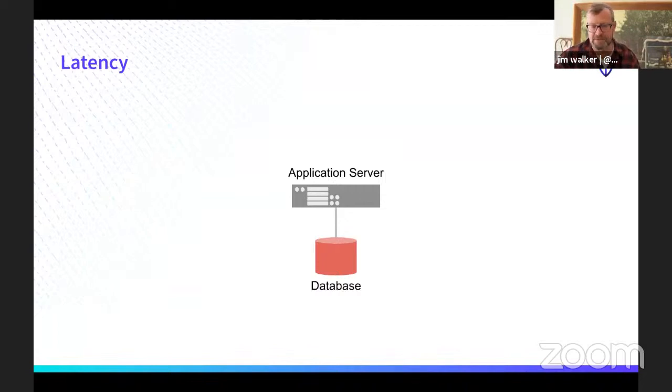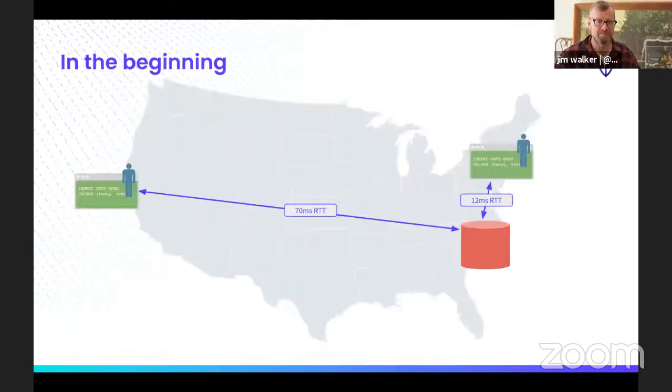It is physics, y'all. It's a constant. And this comes into play when you start to have users all over the place. So if I'm logging in from San Francisco or New York, and I have my database in US East, I'm getting a 12 millisecond round trip time from my East Coast users, but I'm getting 70 milliseconds from, let's say, my West Coast users.